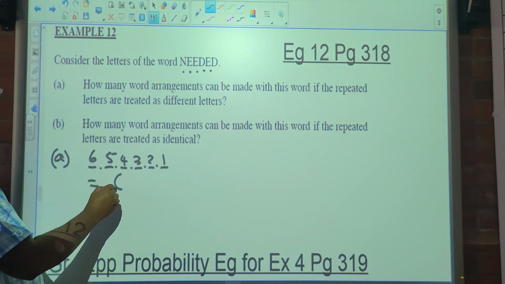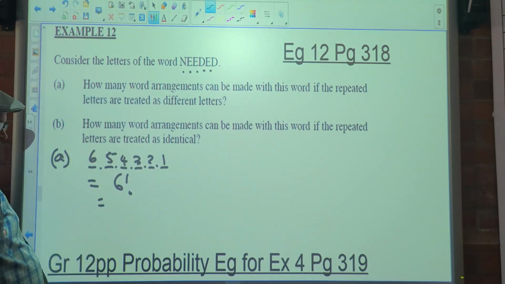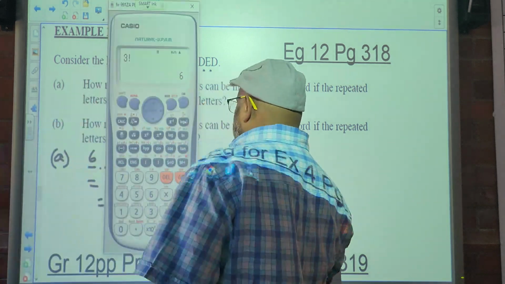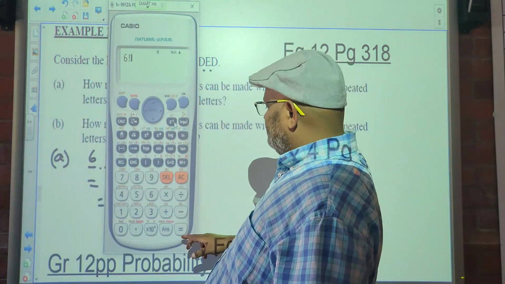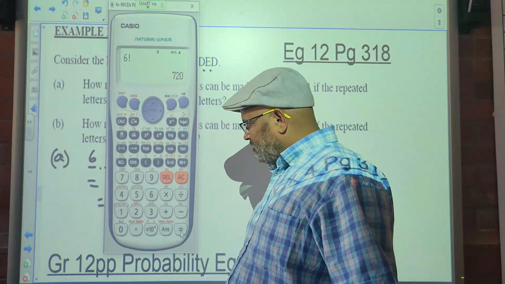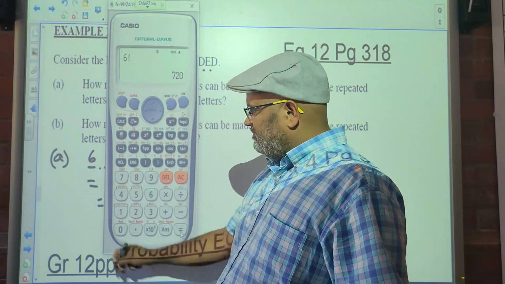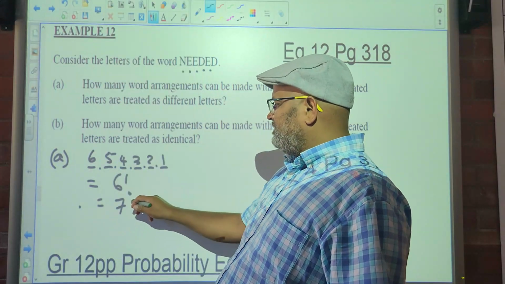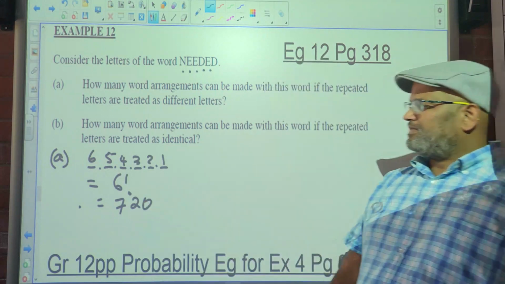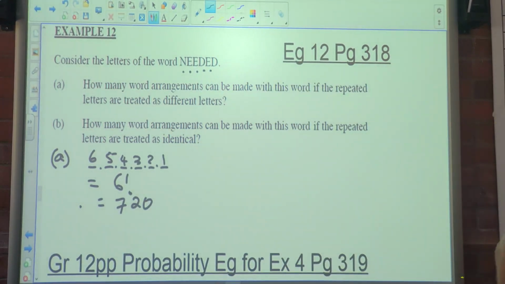Which is the same as 6 factorial. And 6 factorial is 720. Okay? So any confusion? Easy, no? Then everything in maths again is easy, no?